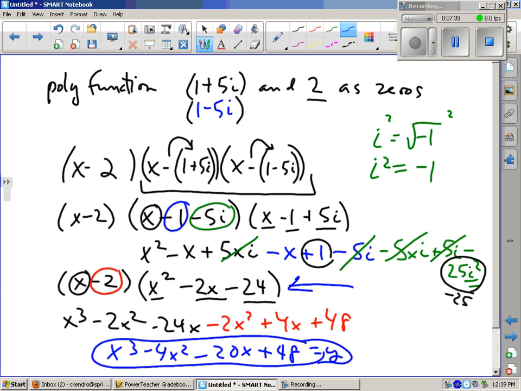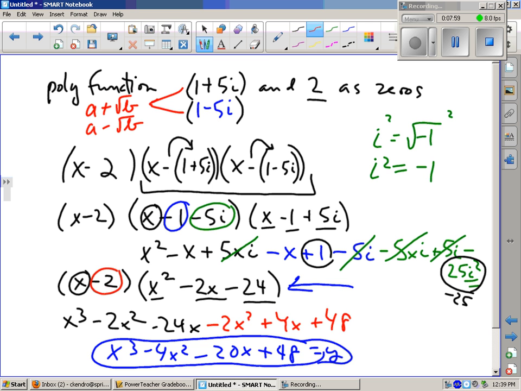All right, now this next one. Before I move on to the next one, I want to remind you that this idea here, where you have two of them, works with square roots too. If you have a plus square root of b, you also have a minus square root of b.